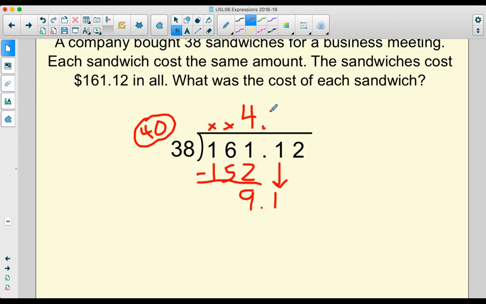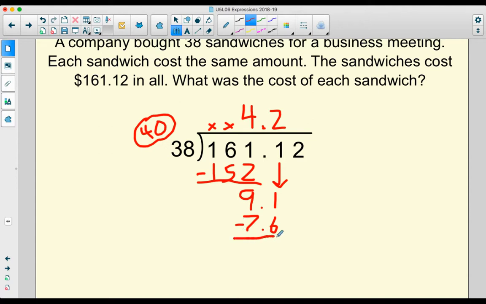So I think there's 2 38s in 91. And 2 groups of 38, well, if I double 30 is 60, double 8 is 16. That would give me 76, or 7 6/10.